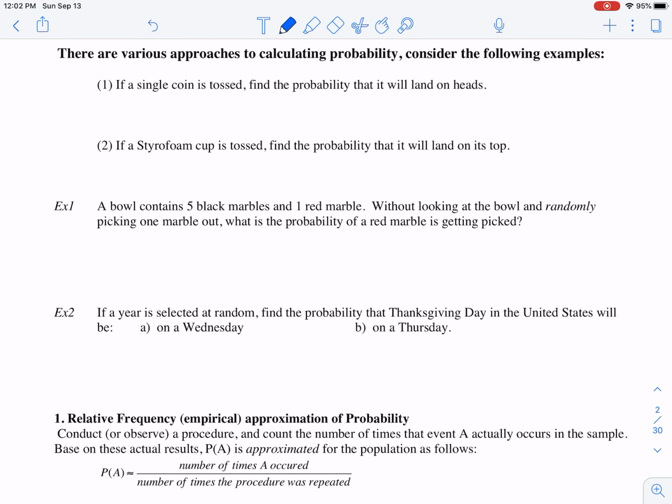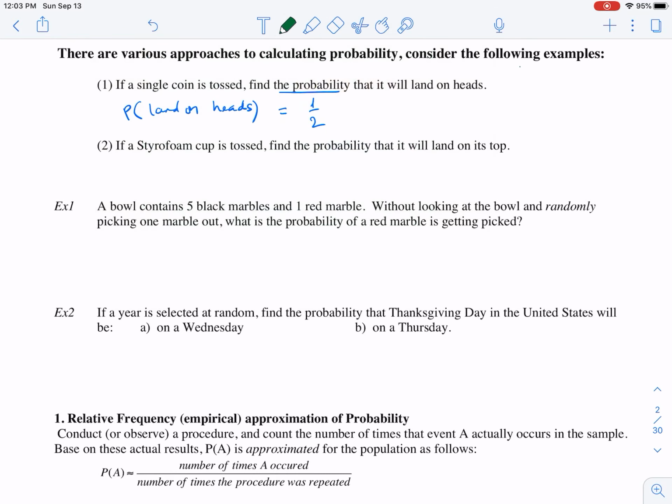Suppose we toss a coin. Assuming that it is a fair coin, to find the probability that it will land on heads, and everyone knows there are two sides, heads or tails. So if you toss a single coin, the probability that the coin will land on heads is 1 out of 2 because there are two possibilities.